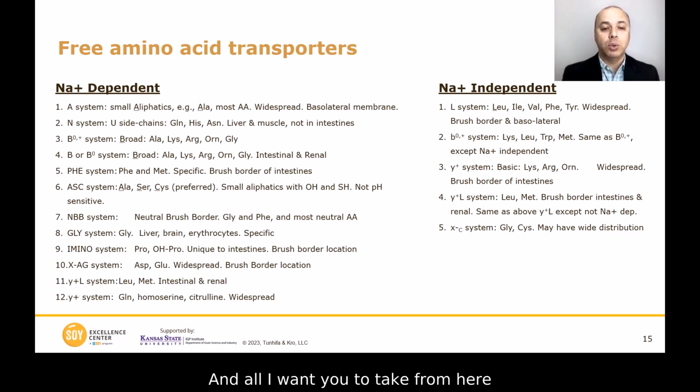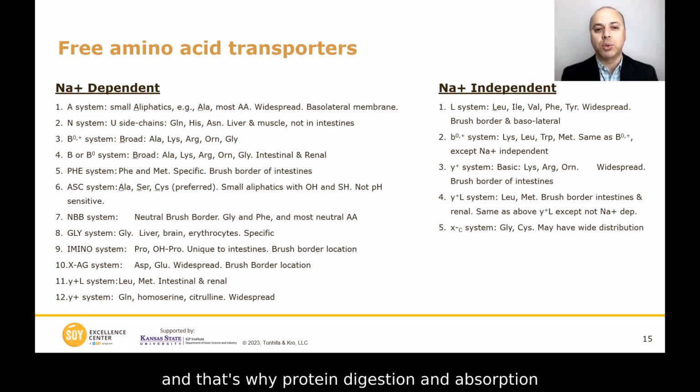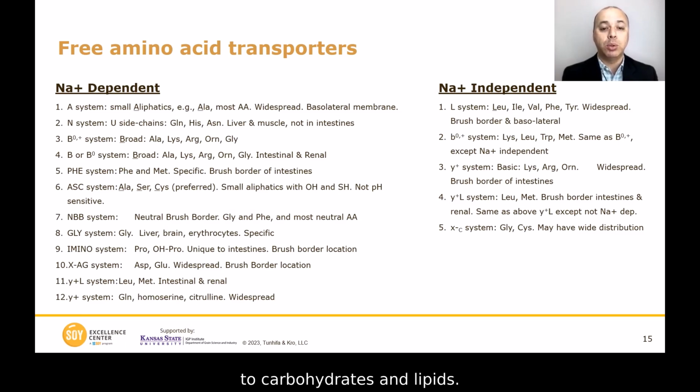All I want you to take from here is the appreciation that on this slide we have 17 different amino acid transporters, so at least 17 different types of mechanisms to absorb different types of amino acids. So you can see the complexity is pretty great, and that's why for protein digestion and absorption we spend a little bit more time compared to carbohydrates and lipids.